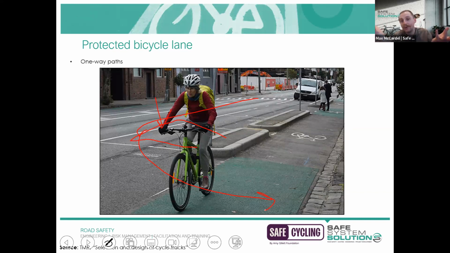You know, in a perfect world, you just remove all conflict points and you wouldn't have any of those issues, but we do have driveways, access streets, minor legs and things like that that need to be maintained. So instead of trying to focus on the removal of those conflict points, you try and open up these sight lines.